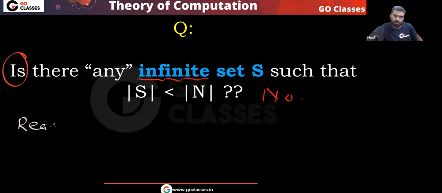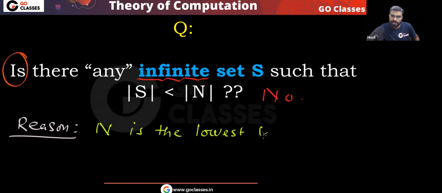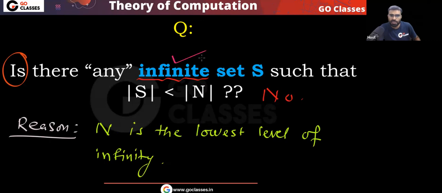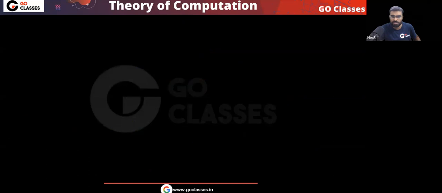There is no such set, because N itself is the lowest level of infinity. So there is no infinite set that has less cardinality than N. Very simple. This question we have done.